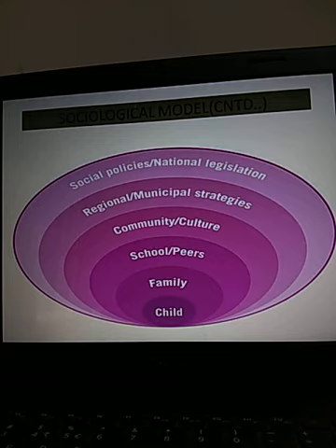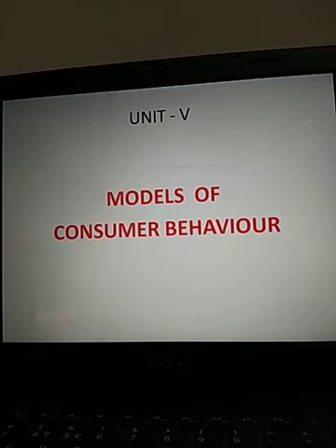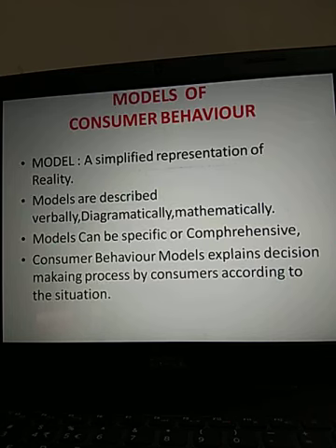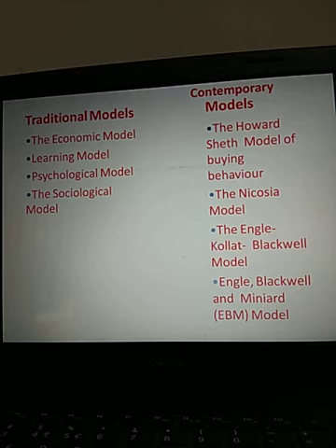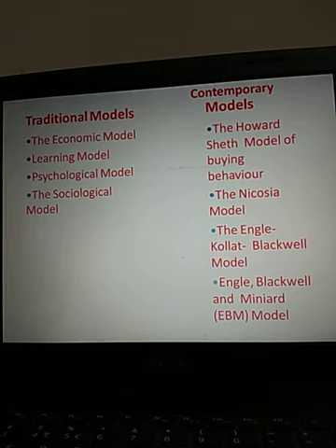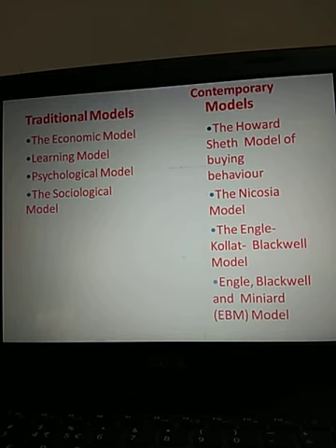So till now, what we had discussed: we started the fifth unit, models of consumer behavior. What do you mean by model and what do you mean by consumer behavior model? We had discussed the varieties of consumer behavior models, traditional models and contemporary models.